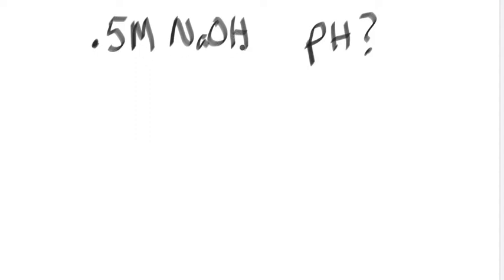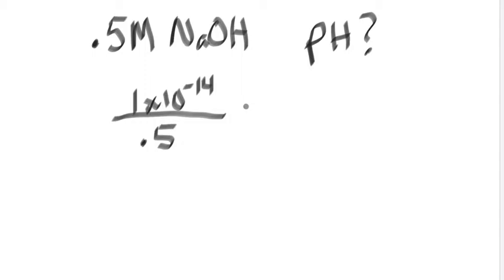In this case, we know the OH concentration is equal to the concentration of the NaOH because of the 1-to-1 ratio. So if we take 1 times 10 to the negative 14th divided by our concentration of 0.5, that's going to give us the concentration of hydrogen ions.